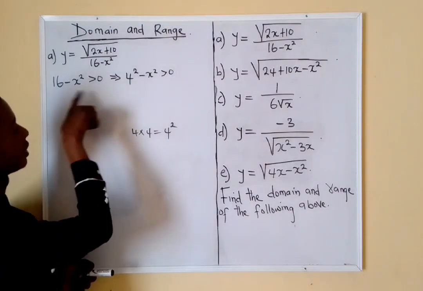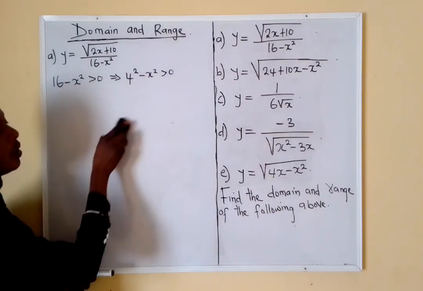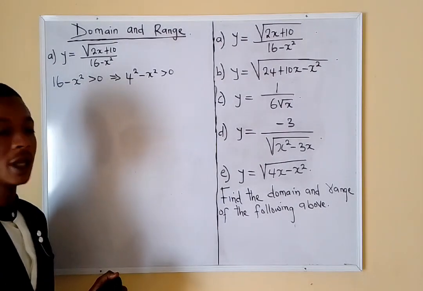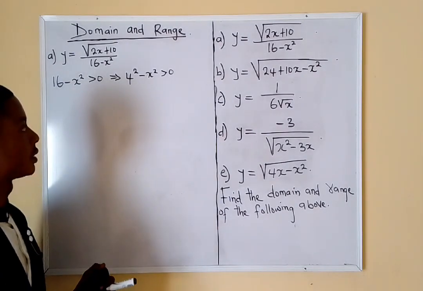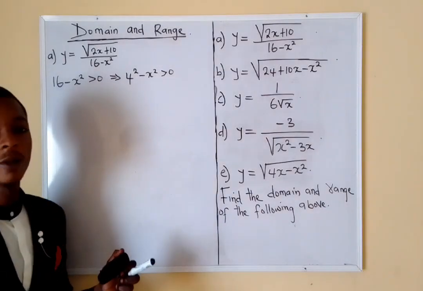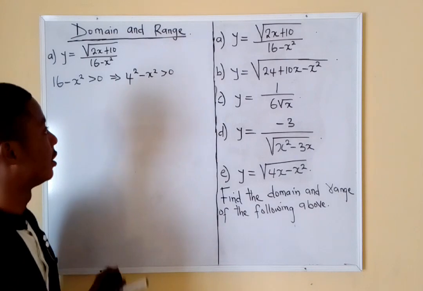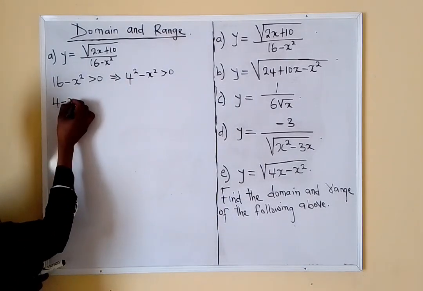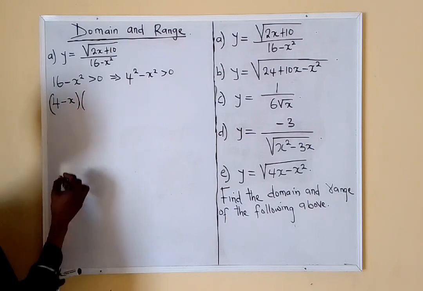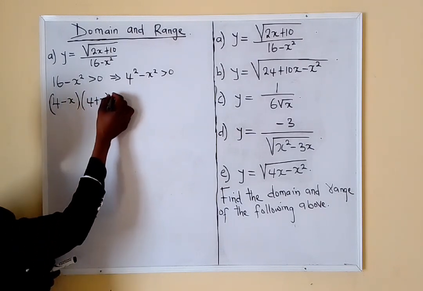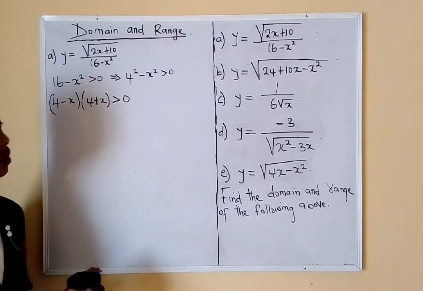Remember, what I expressed as 4 squared is this 16. Next, 4 squared minus x squared is a difference of two squares. You have to factorize it into two brackets, where the first bracket will contain 4 minus x, and the second bracket will contain 4 plus x, greater than 0.